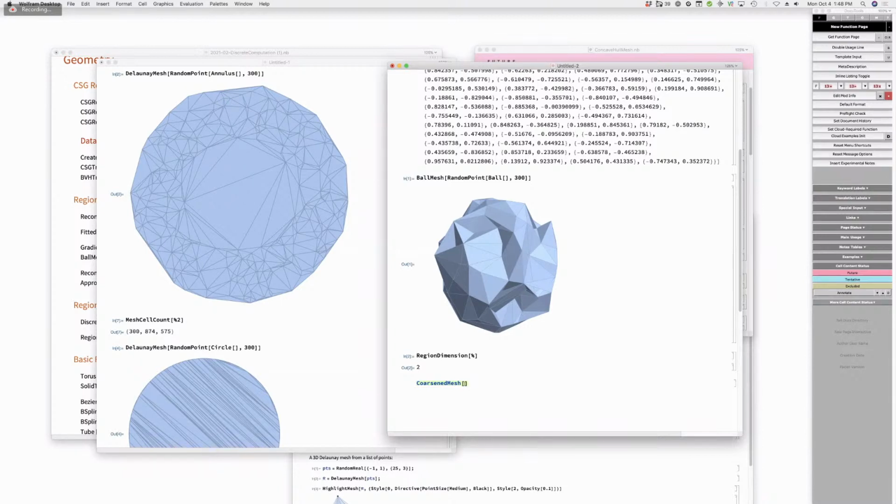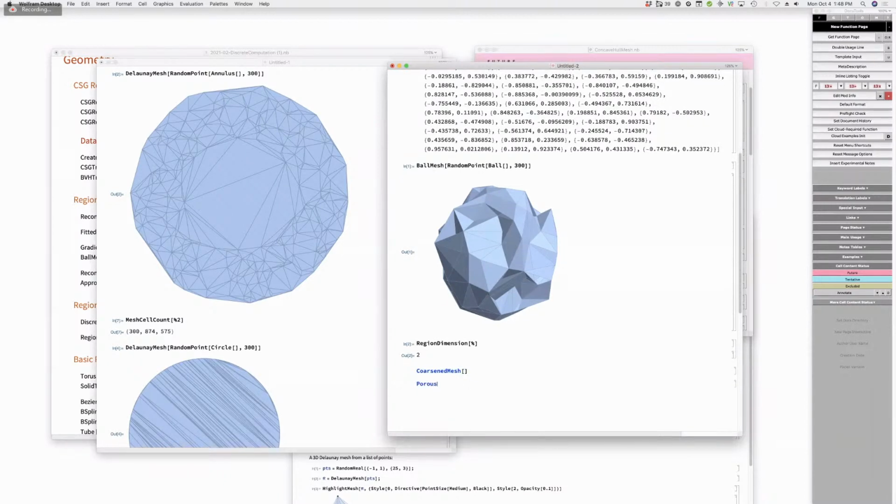A porous Delaunay mesh. That's not right either, because porous suggests that there are pores in it, holes in it, which they're not holes of that kind. So essentially what it's doing is fitting cells of a certain measure.